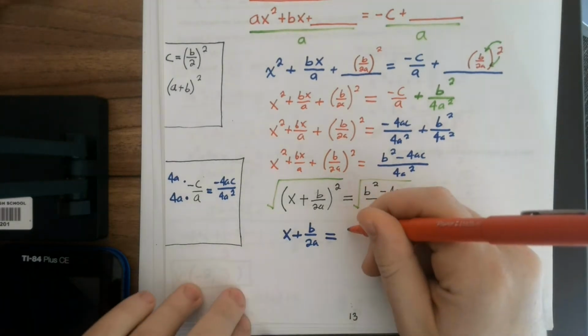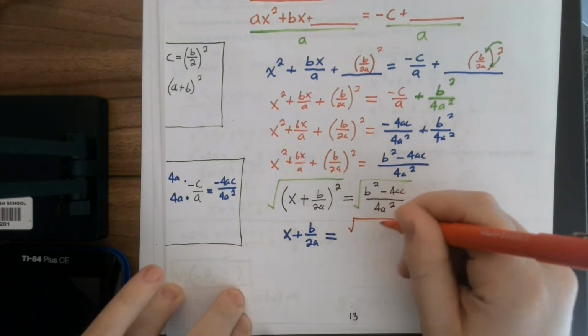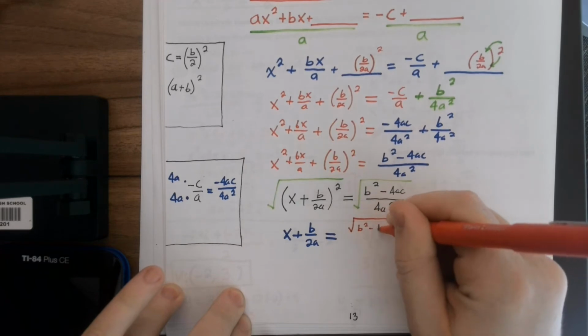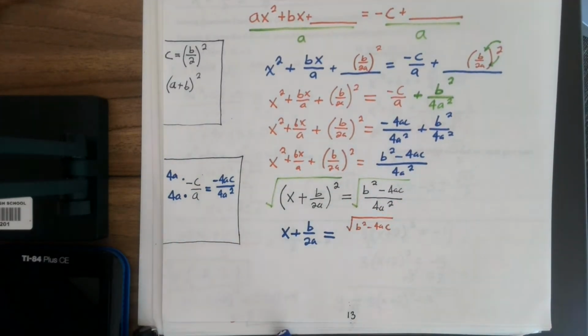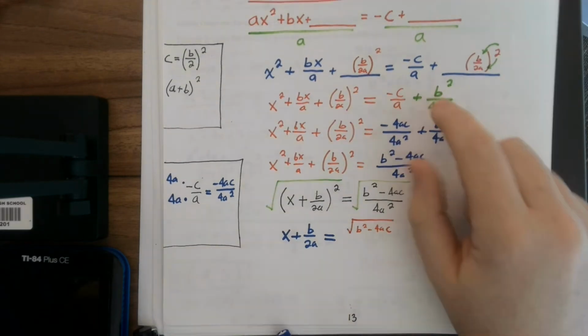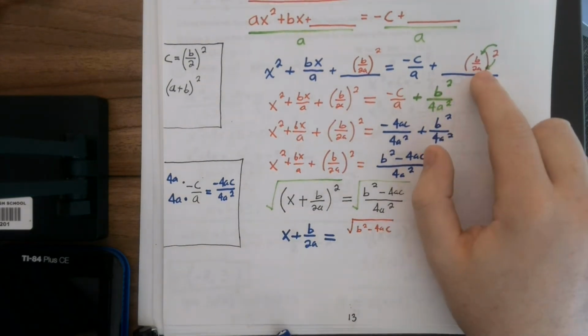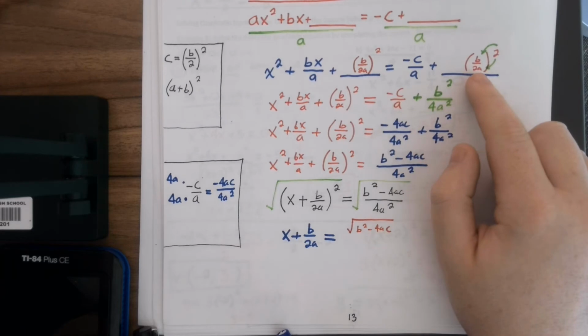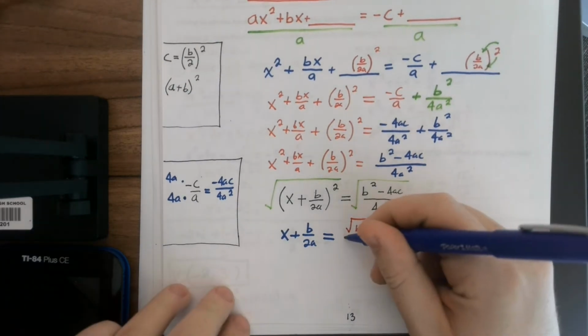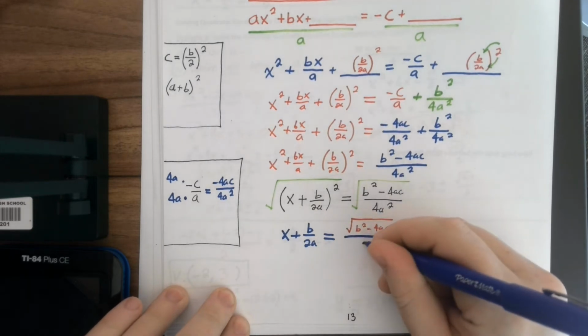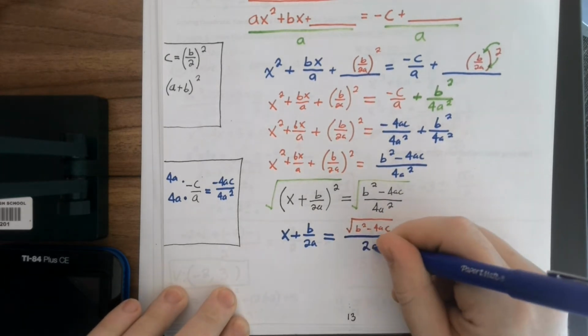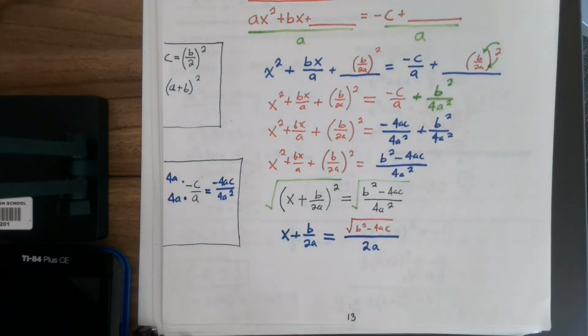So we're going to keep that as the square root of b squared minus 4ac. But the square root of 4a squared can be. I mean, think about it. To get to 4a squared, we squared 2a. So this step just lets us undo it. The square root of 4 is 2. The square root of a squared is just a. So it's all over 2a.